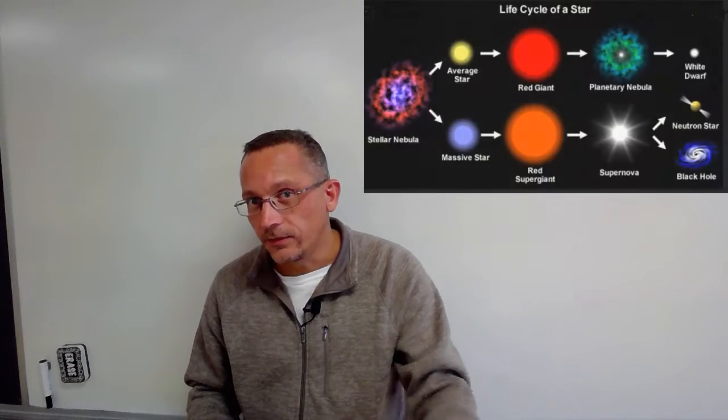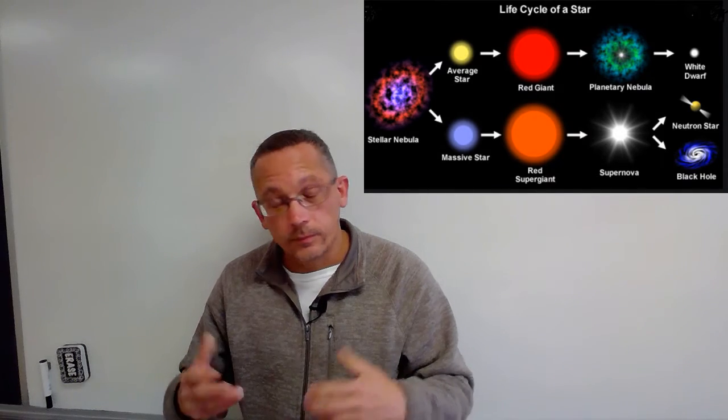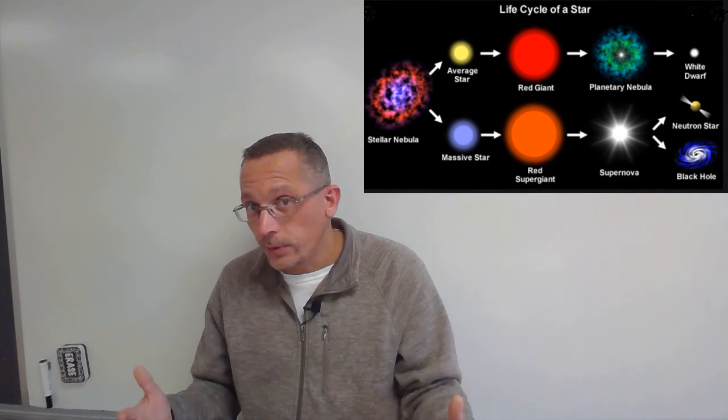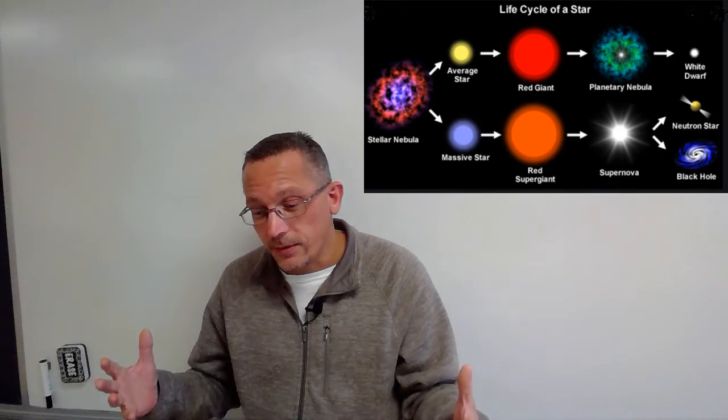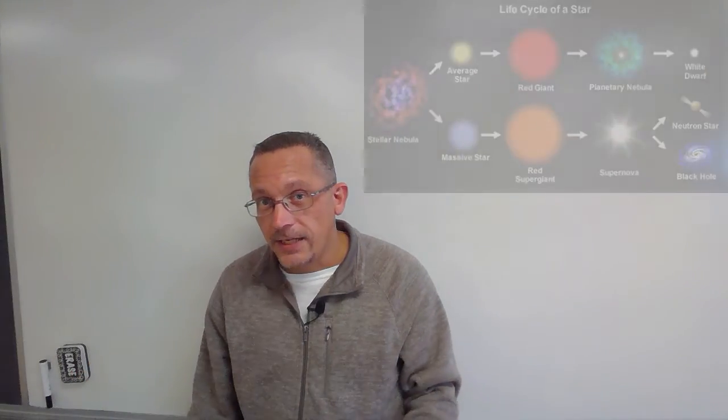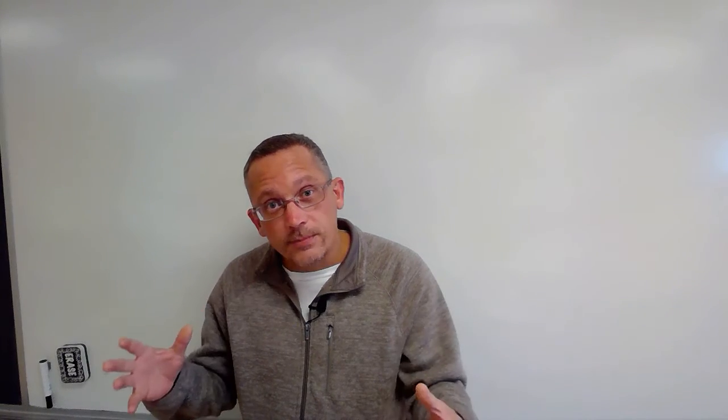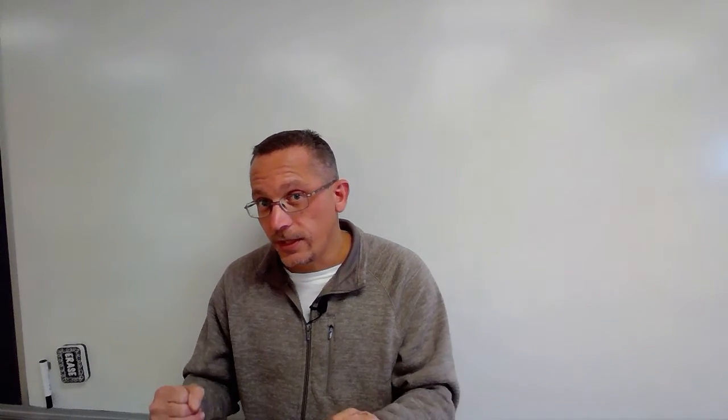Okay? And then when the star nears the end of its life cycle, some of them will explode in a process called a supernova. And in that supernova explosion, atoms of different elements can fuse together and form even larger elements.